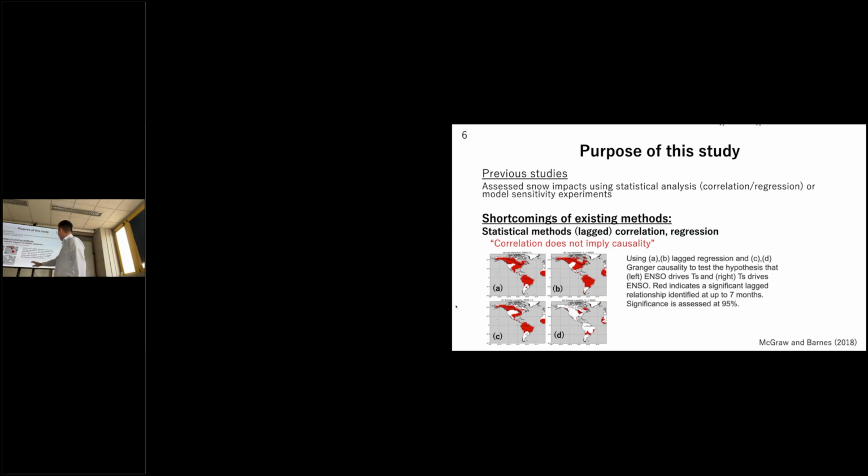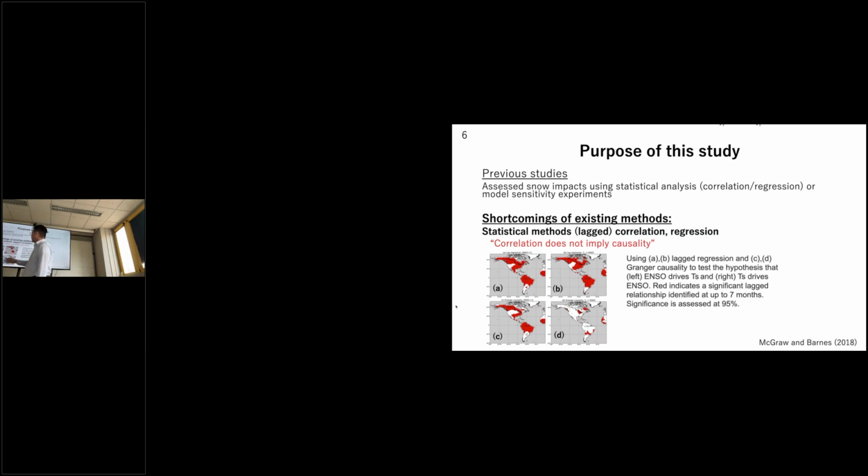Here, from the Macro and Barnes paper, on the top left, we see the lag regression analysis. The color shows the significant area, and here they investigated the lag regression between the Niño 3.4 SST, the ENSO, and surface temperature.